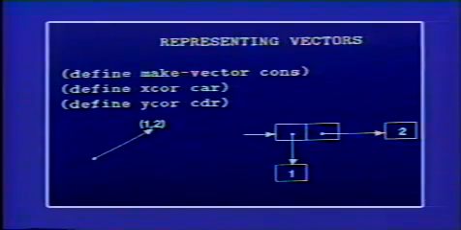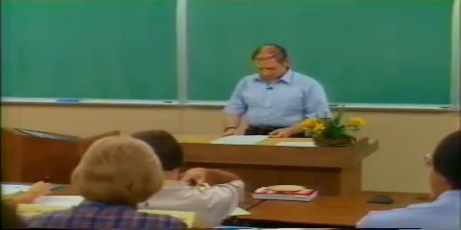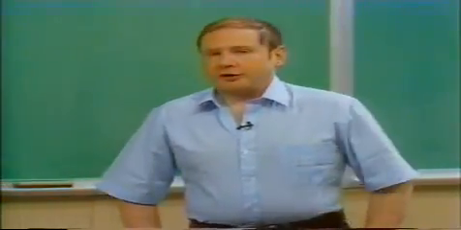And here I'm saying, define make-vector to be the thing that cons is. And that means that's almost the same as the other way we've been writing things. And I just want you to get used to the idea that procedures can be objects and that you can name them. Okay, well, there's vector representation.